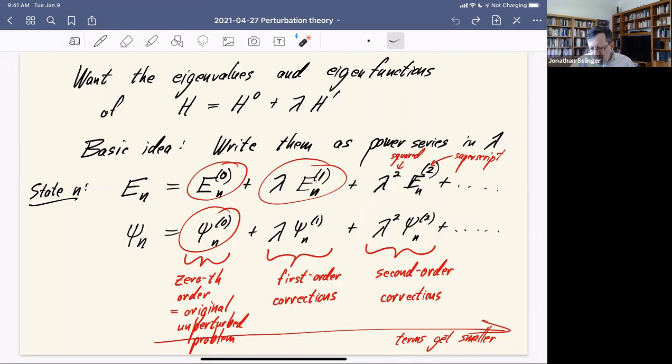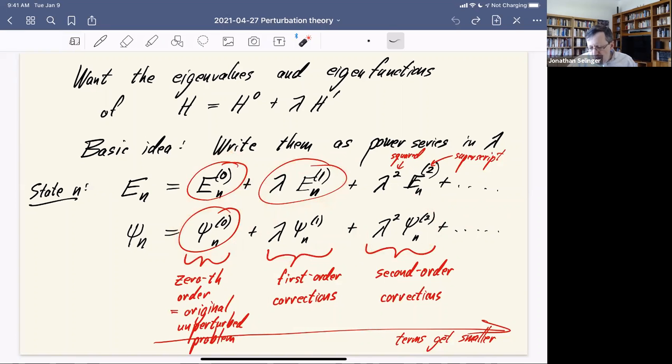So now we know the 0th order terms; these go along with our exactly solvable state. We want to figure out the 1st order terms and maybe the 2nd order terms.